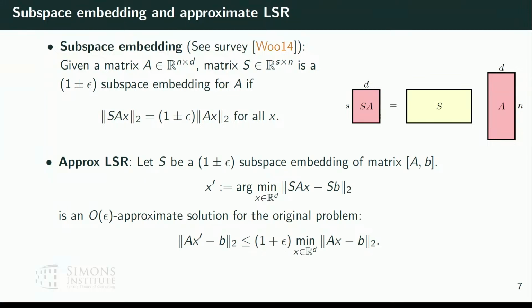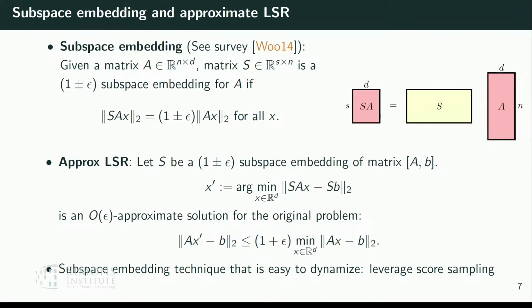And if we have a subspace embedding for the matrix A and the labels b, then we can directly use that to get an epsilon approximate solution for the least square regression problem. What we do is we just solve this smaller, compressed problem from the subspace embedding, and that is directly an epsilon approximate solution for the original least square regression problem.